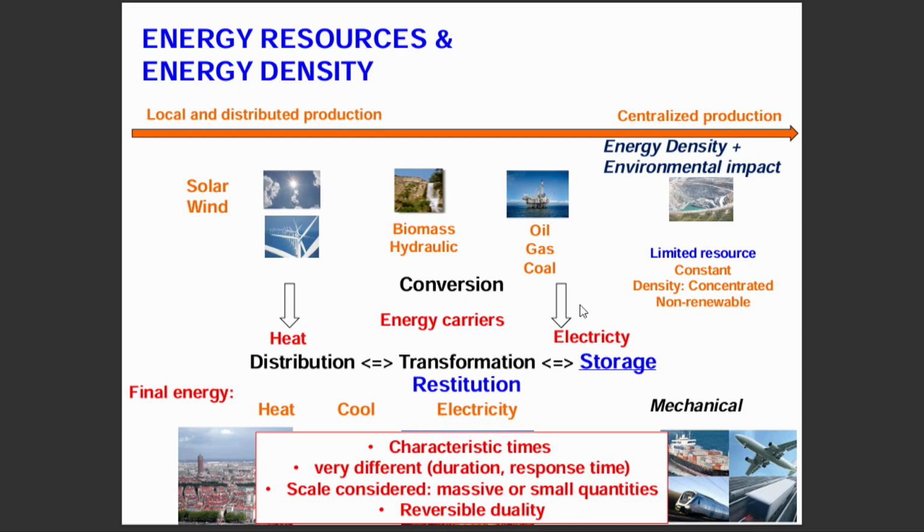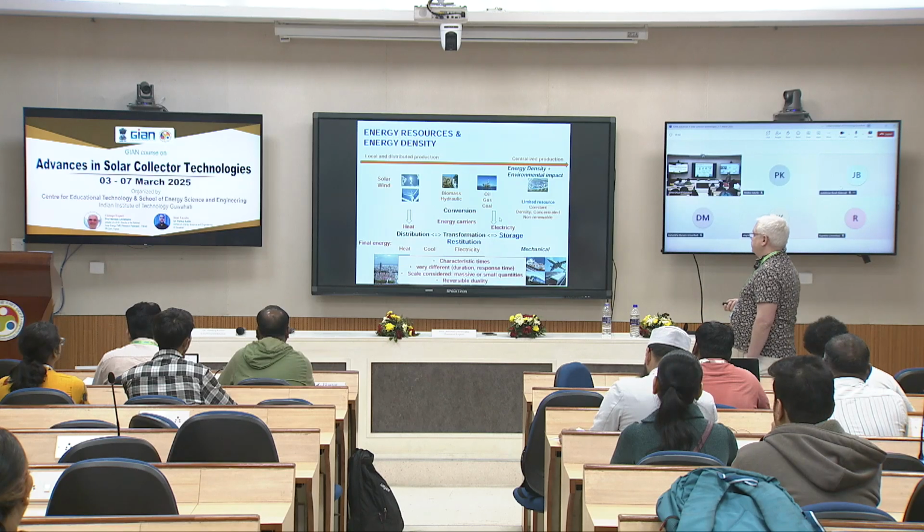It is the same for wind compared to the others. Here is the smallest density of energy, and this is the highest. But of course, you also have here the smallest footprint on the environment, and here the highest footprint on the environment. Then you have biomass and hydraulics, and then in terms of energy density, you have all the carbon energy: oil, gas, coal.